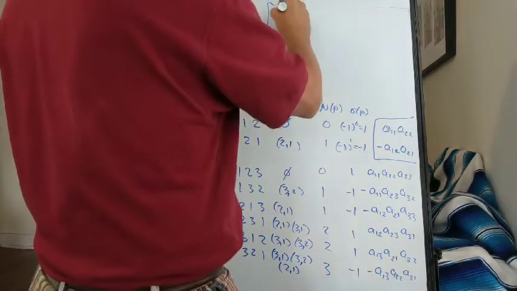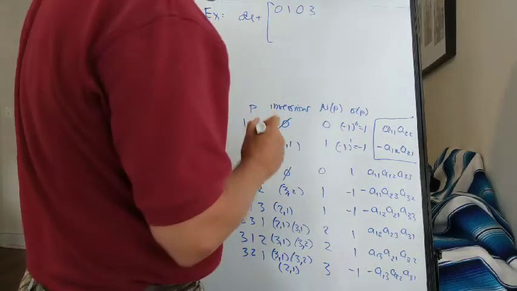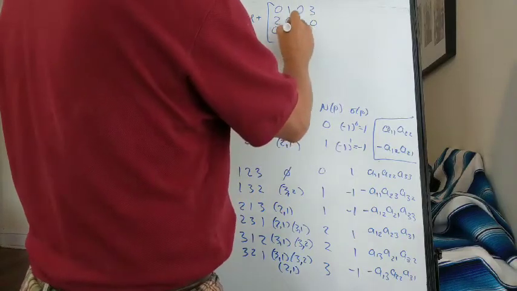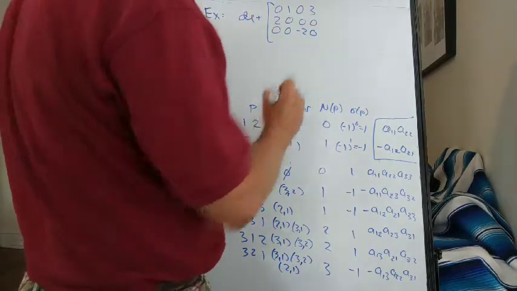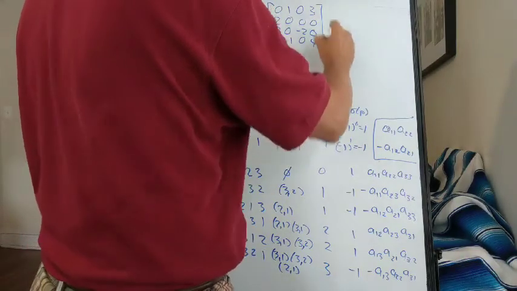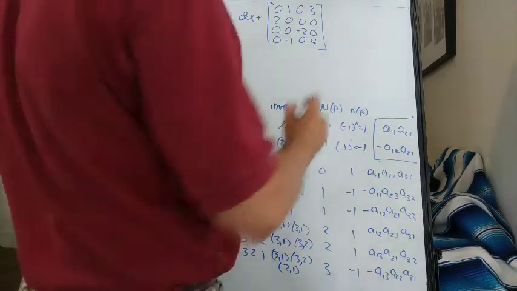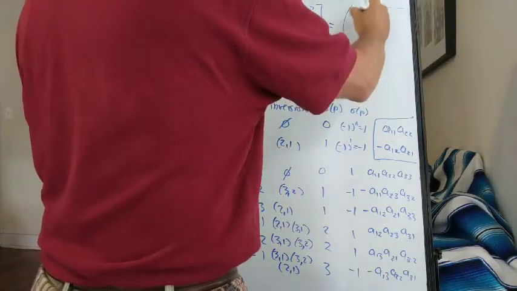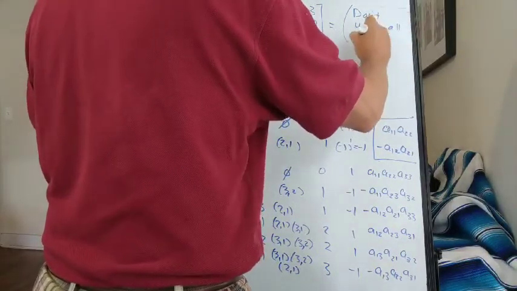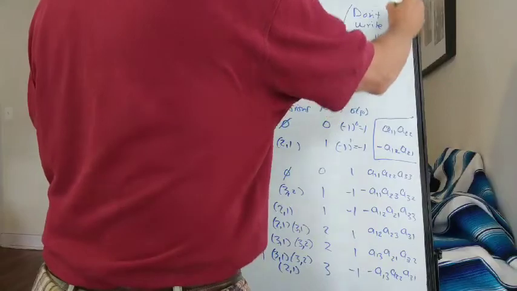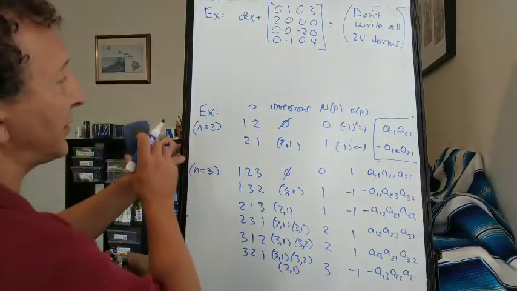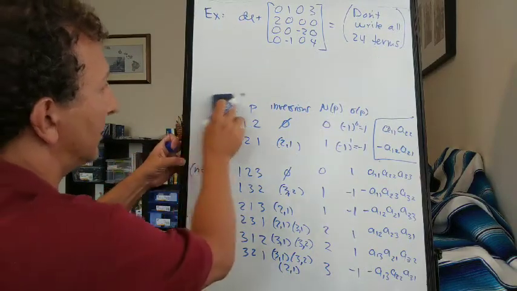So if we take the determinant of 0, 1, 0, 3, 2, 0, 0, 0, 0, 0, negative 2, 0, 0, negative 1, 0, 4, we will not write all 24 terms, because most of them are going to be 0 anyway. Let's just think about which terms are not going to be 0.